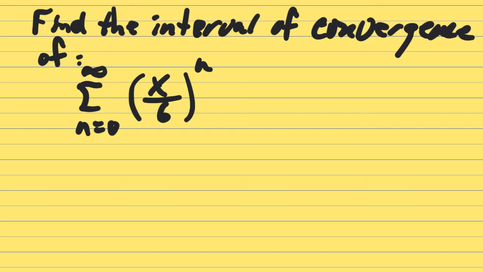Now let's look at interval of convergence. This one is a geometric series. And remember, for geometric series, as long as your ratio is less than 1, it's going to converge.